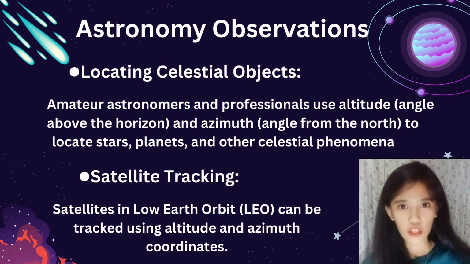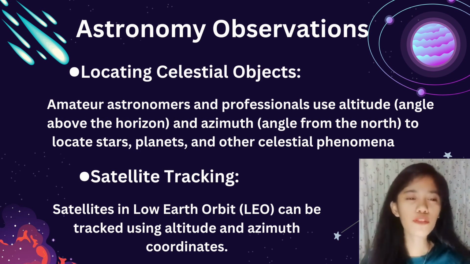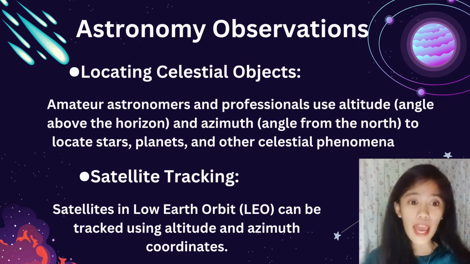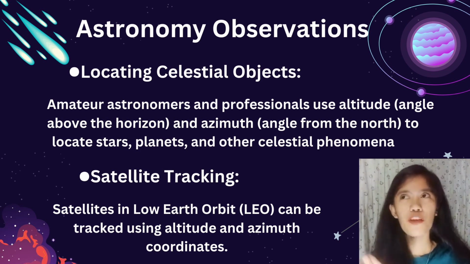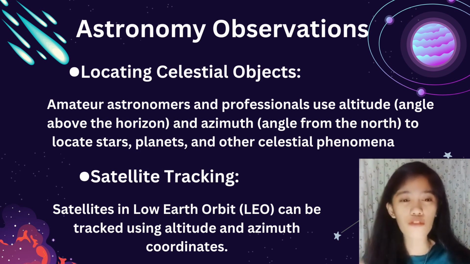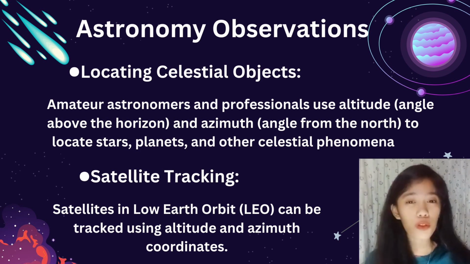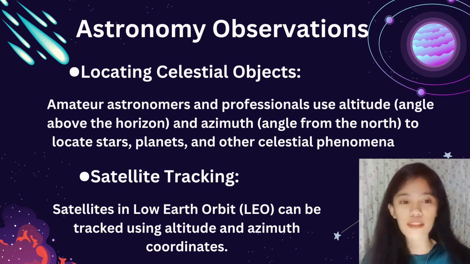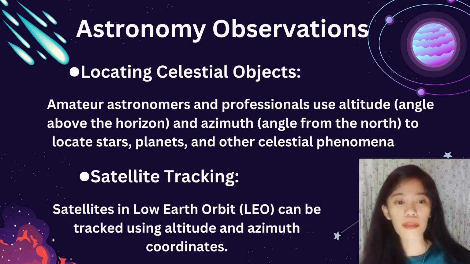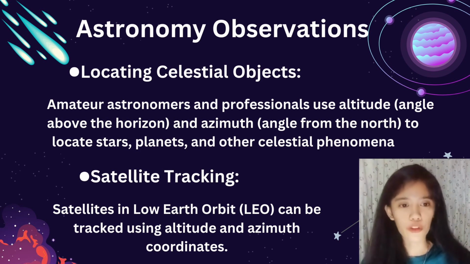In the field of astronomy, accurately locating celestial objects is crucial for both amateur and professional astronomers. Therefore, this process heavily relies on the concepts of altitude and azimuth together, because they are a coordinate system analogous to latitude and longitude on Earth.